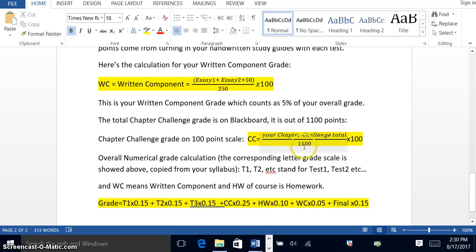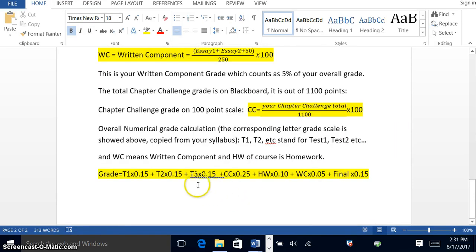Your total would be 1,100 points, and so whatever your chapter challenge total is, which you can see in Blackboard, divide it by 1,100, and then multiply that fraction by 100 to put it on a 100-point scale.